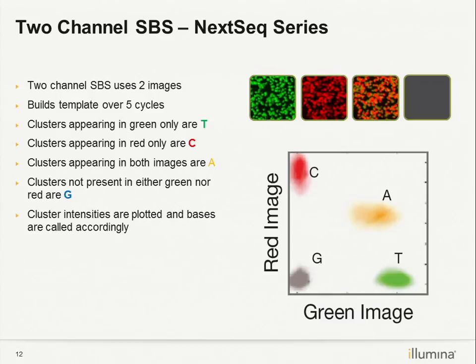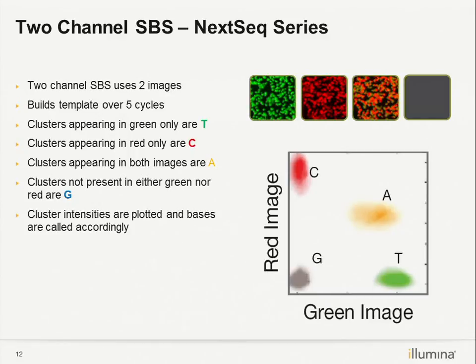I just want to point out here that because the G is unlabeled, it is black in color. So some users will ask me how the instrument is going to identify whether it is really background, or a cluster that is a G nucleotide.